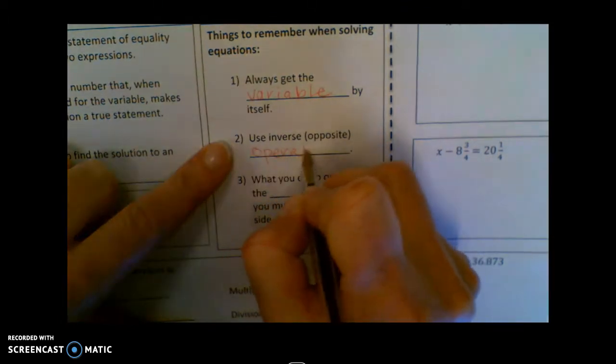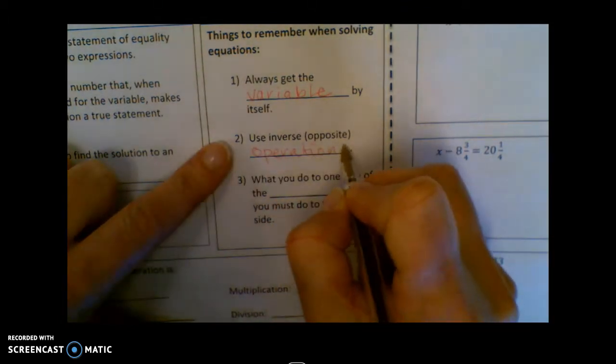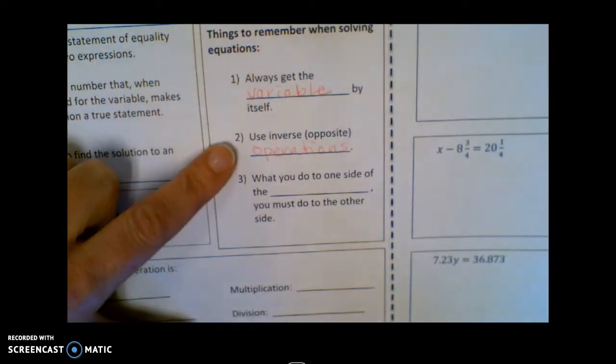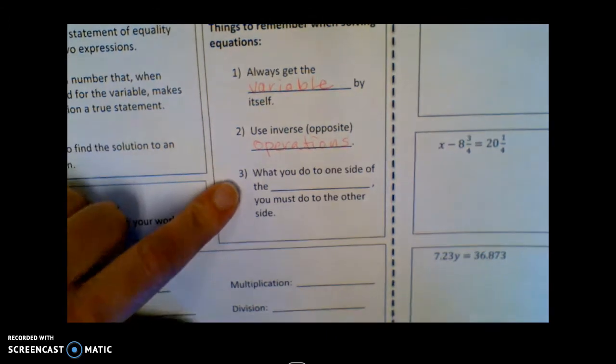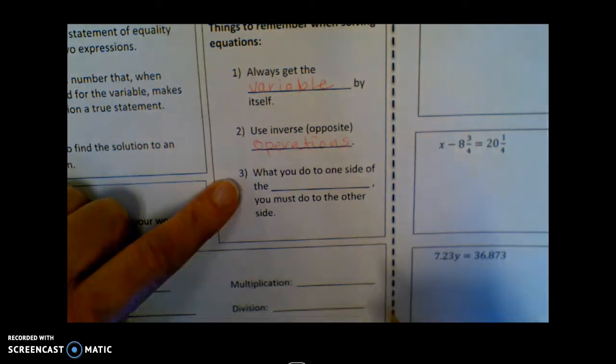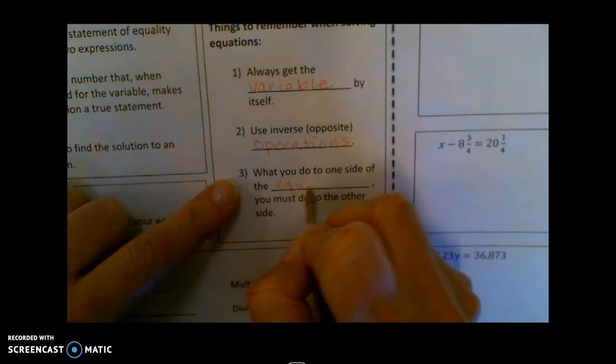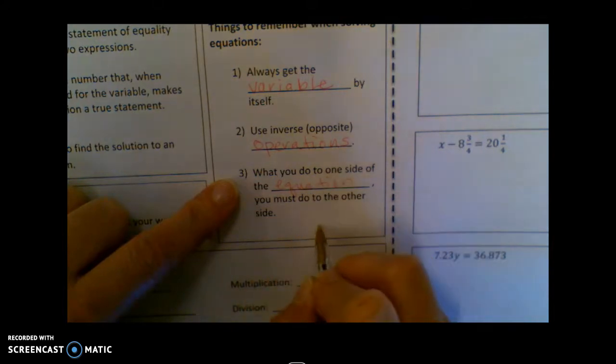Inverse just means opposite. So you already know a lot of your opposite operations that we've been working on, and we're going to use them to solve. The third thing to remember is, what you do to one side of an equation, you must do to the other side. Think about this as being a little teeter-totter.